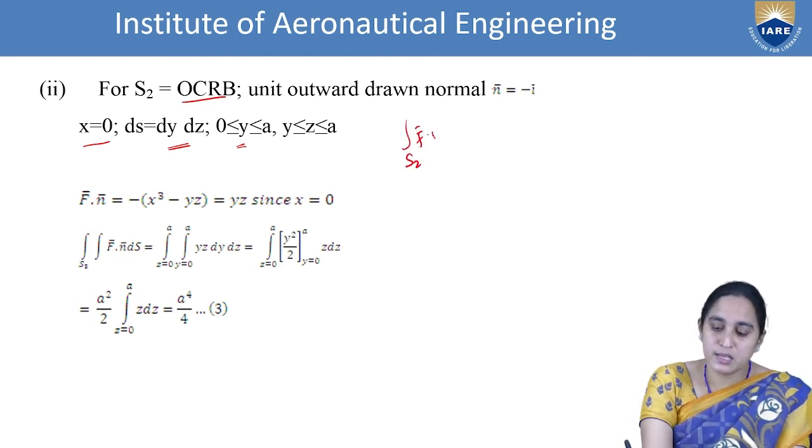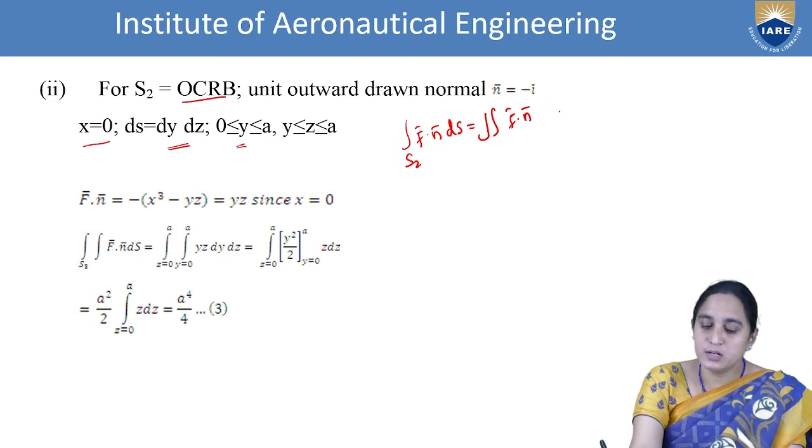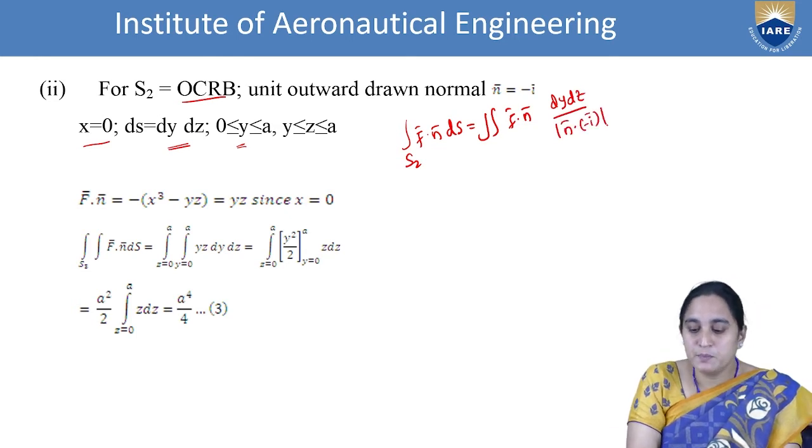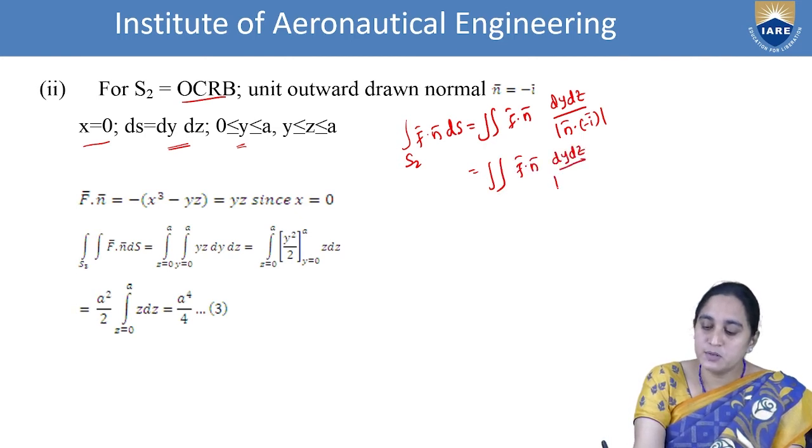Now we have to calculate the S2 surface integral value, that is double integral over S2 of f bar dot n bar ds. Here that is double integral of f bar dot n bar into dy dz by modulus of n bar dot minus i bar. Why? Because the unit normal vector is i bar.